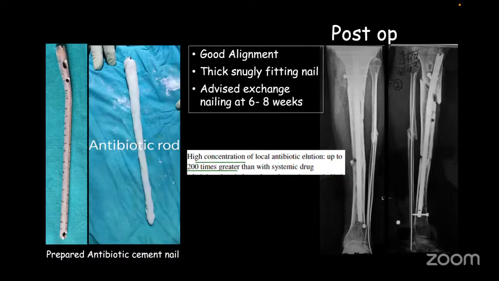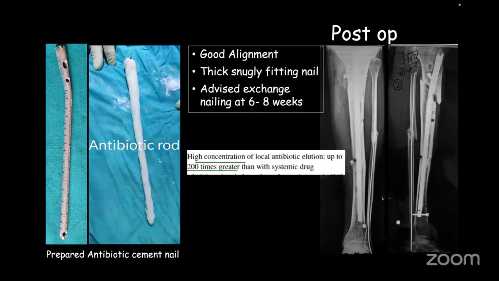It was snugly fitting, locked proximally and distally, and at 6 weeks there was enough evidence radiologically that there is callus formation. Hence, the nail was retained by Dr. Gadegone.